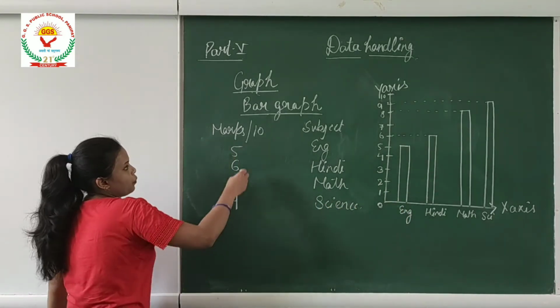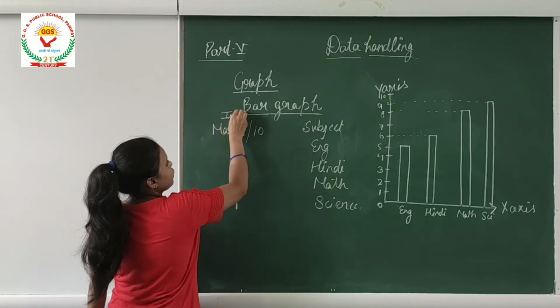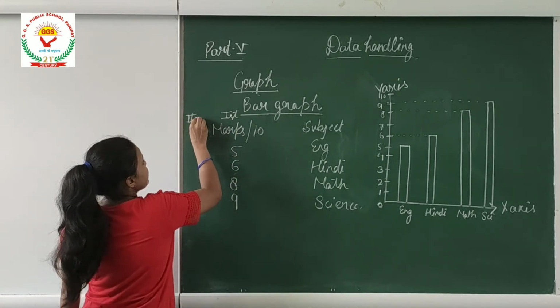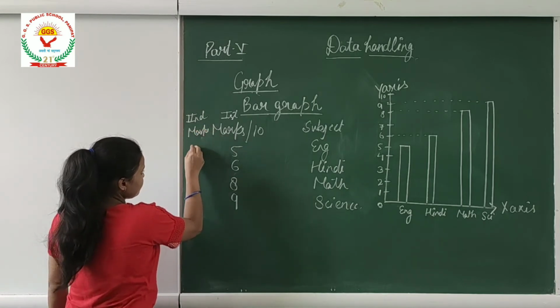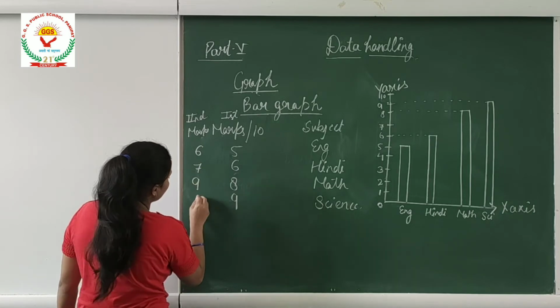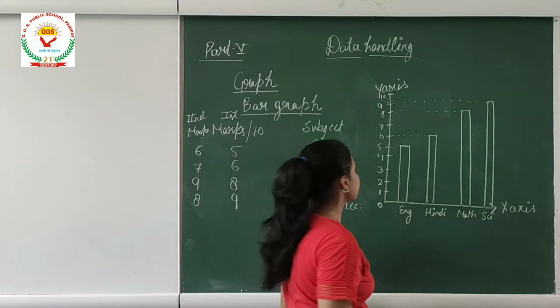Suppose these marks are of the first semester. Now we have marks for the second semester also: 6, 7, 9, 8. Alright. So how will we represent this?